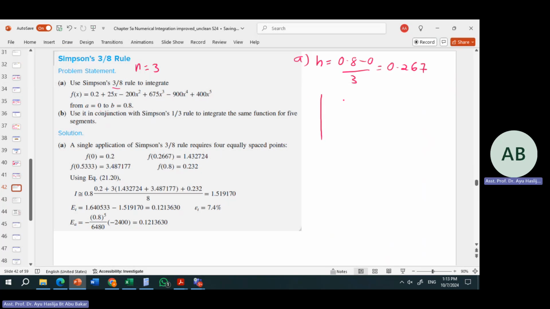Then find out your points. n equals 3, so you should have 4 points. Single application. A is 0, B is 0.8.